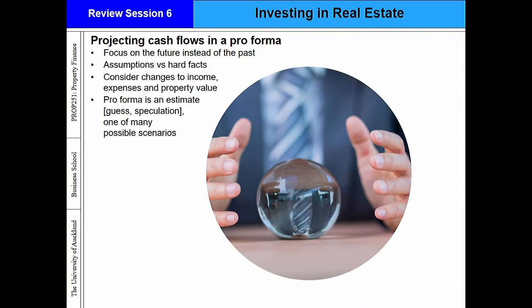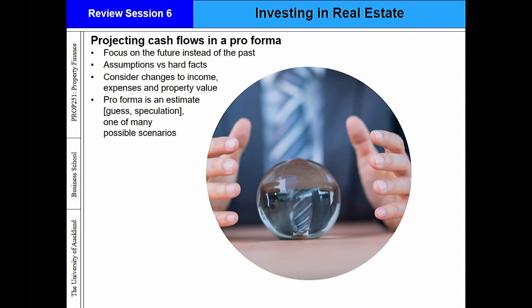Of course, a lot of people who are very risk averse want to make sure that when they're investing, as many pro forma assumptions as possible are actually hard facts.